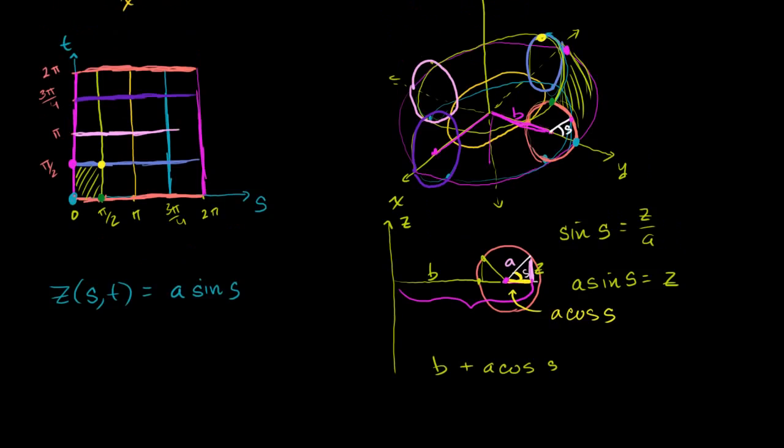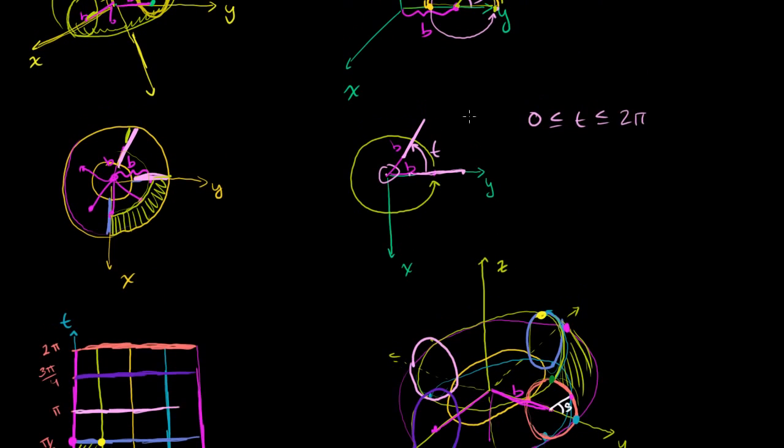So if you look at these top views, over here, no matter where we are, that is b. Let's say we've rotated a little bit. That distance right here, if you look along the xy plane, is always going to be b plus a cosine of s, to any given point, depending on our s's and t's.